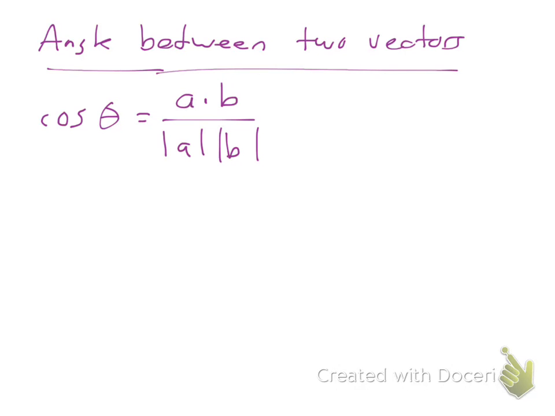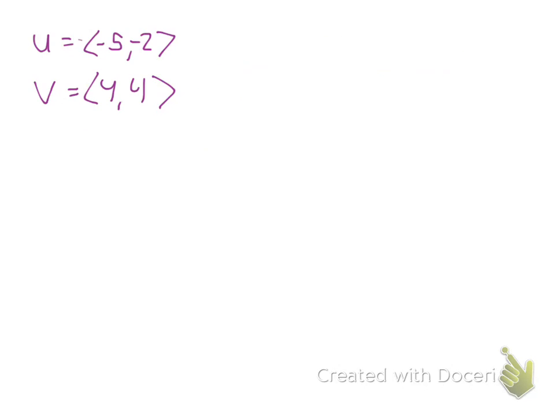In this example, I want you to find the angle between these two vectors. If you do the dot product, because that's part of our formula, and it's 0, you know it's 90 degrees. Boom, done. If it's anything else, we know then that we have to find it.